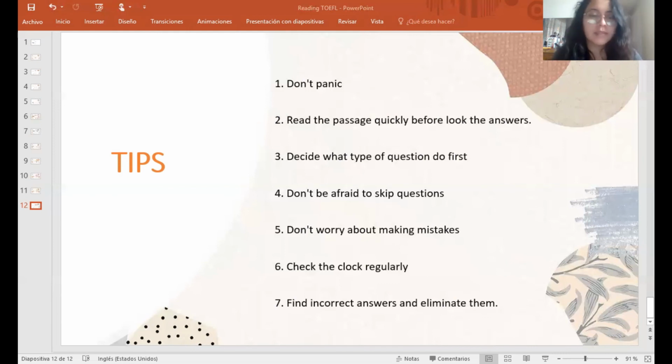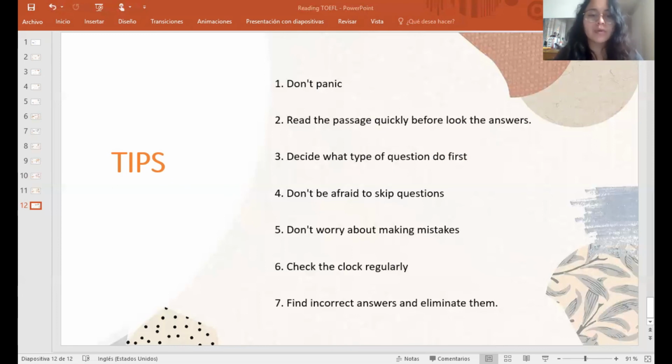Another tip is decide what type of questions you prefer to do first. Questions that are easy for you. You can select the easiest or more difficult questions. Another tip is don't be afraid to skip questions. You can skip the questions if you don't understand, and this is a good way to manage time.